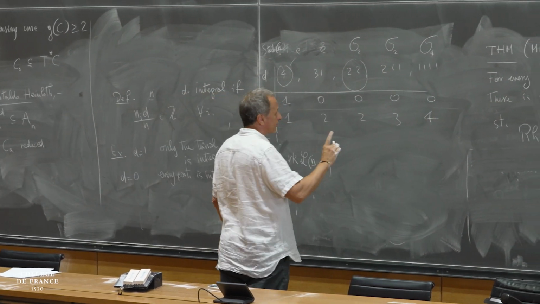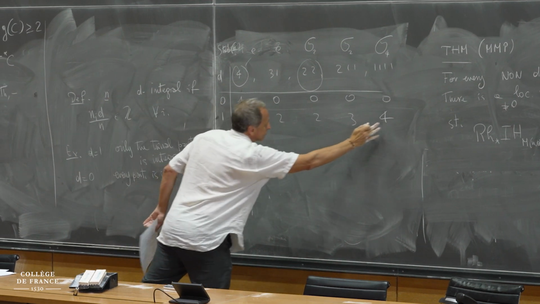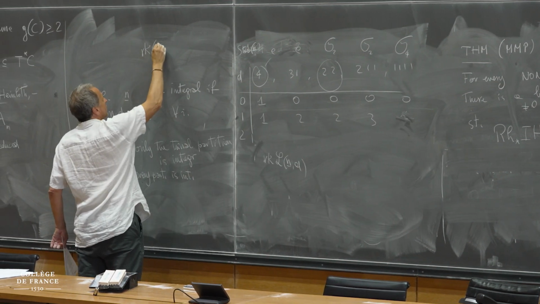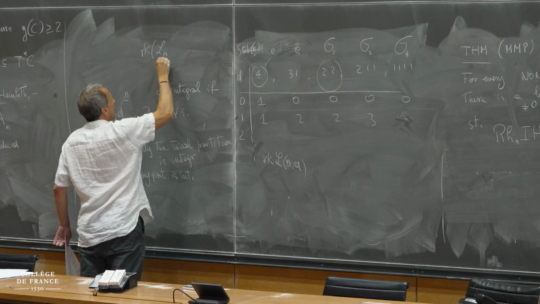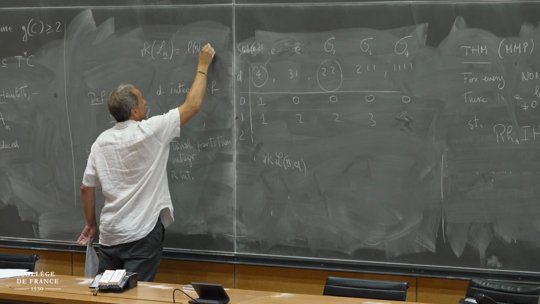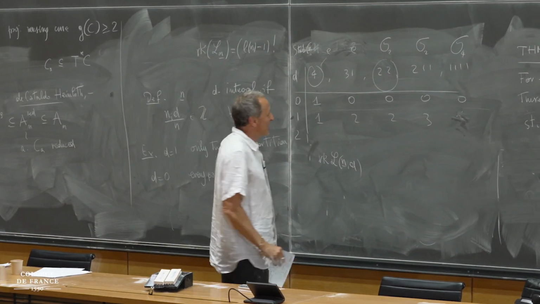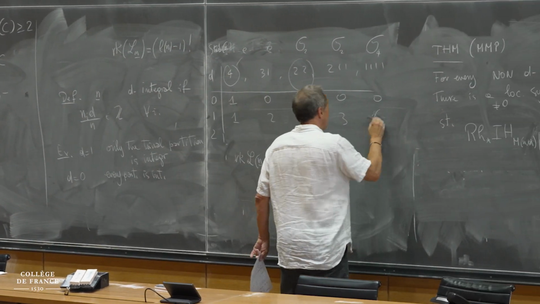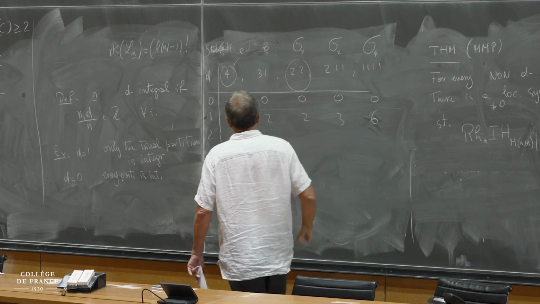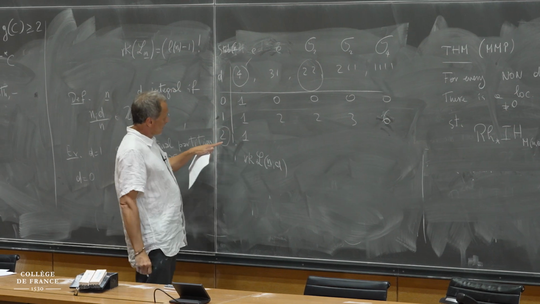No, sorry, I wrote something wrong. In the De Cataldo thing, the rank of Ln is the length of the partition minus 1 factorial. Sorry, I messed it up. So this is 4 minus 1 factorial, 6. Okay, in this case, this is the only thing here.